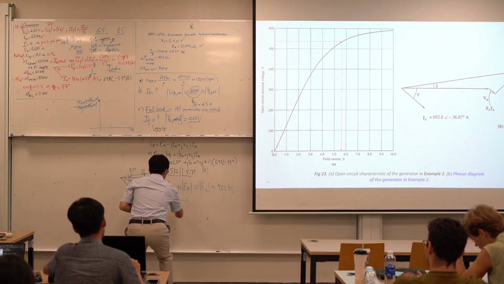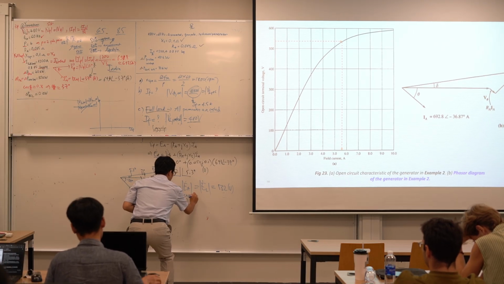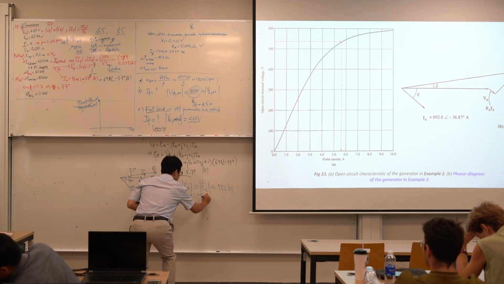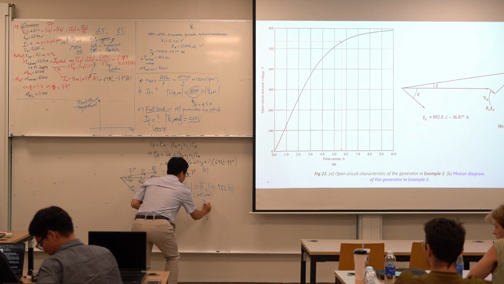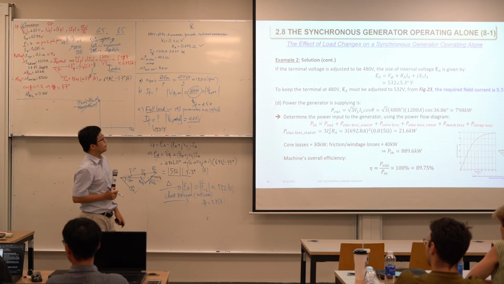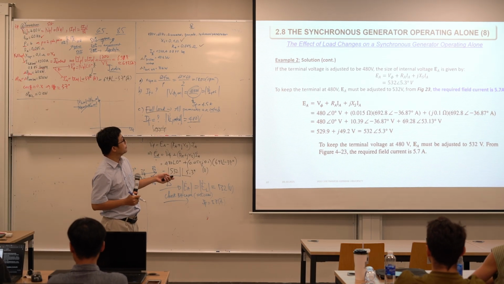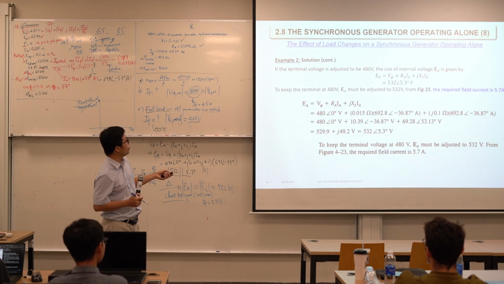Now we check the BH curve or open circuit curve. You guess IF now is 5.7 amperes. Where? Here.